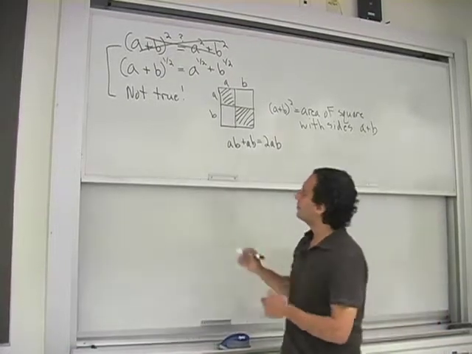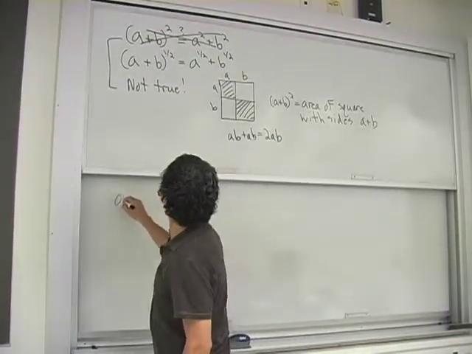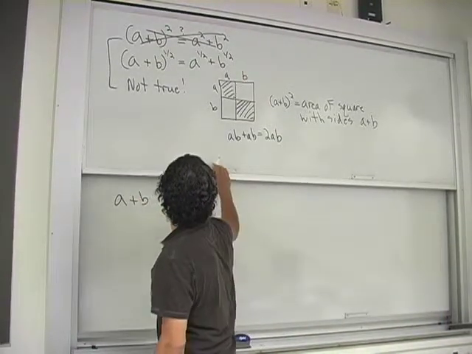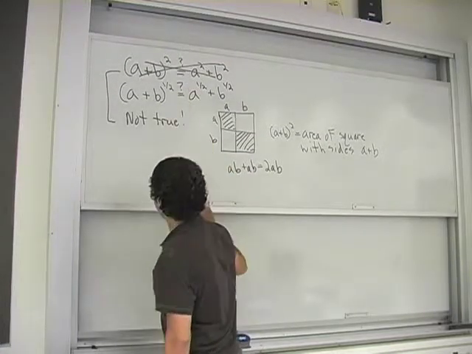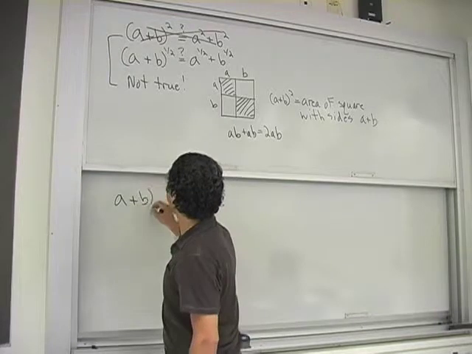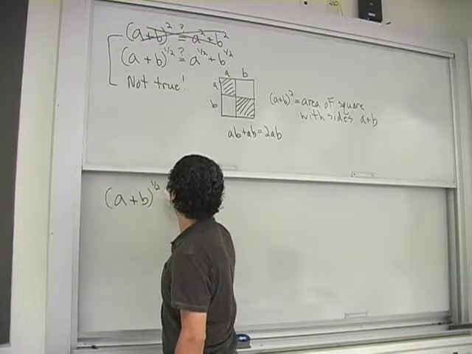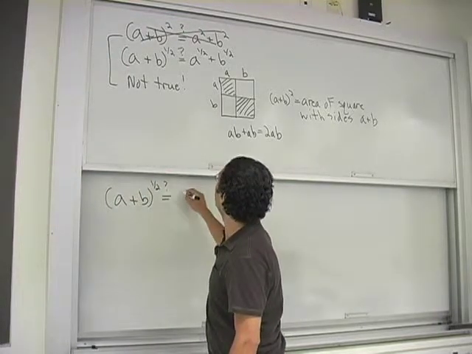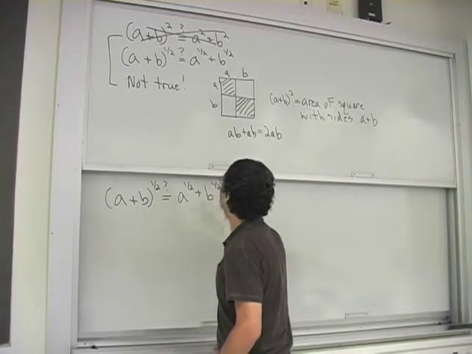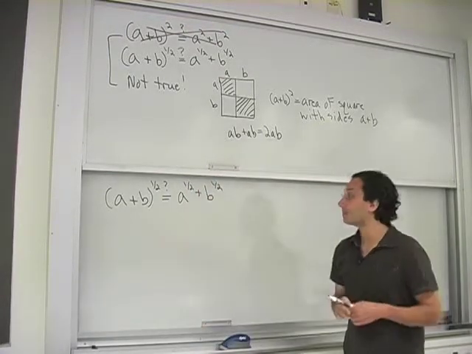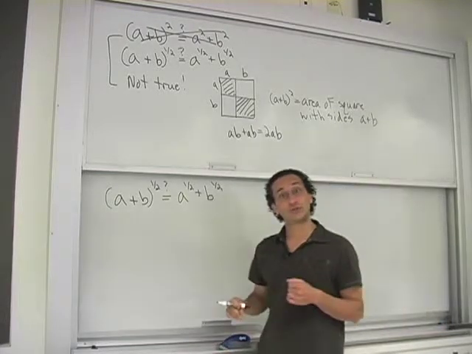I'm going to try to convince you that (a plus b) to the 1/2, and let's put a little question mark up here, in general isn't equal to a to the 1/2 plus b to the 1/2. In general. Sometimes it's true.